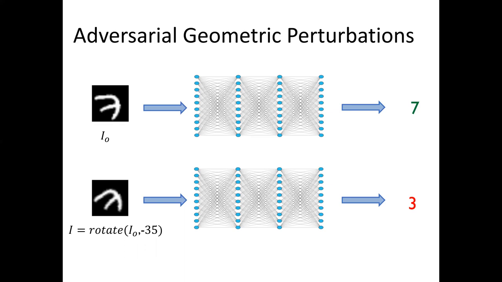This is an example of this setting, where you are trying to figure out angles by which to rotate the image, so that once the rotation transformation has taken place, and that's an example of some form of pre-processing, the resulting image gets misclassified by the network. This type of pre-processing happens in various settings. Maybe there is a computation of the embeddings in NLP. Maybe there is audio processing, as we'll look at. Maybe there are geometric transformations and many others. So that's one point.